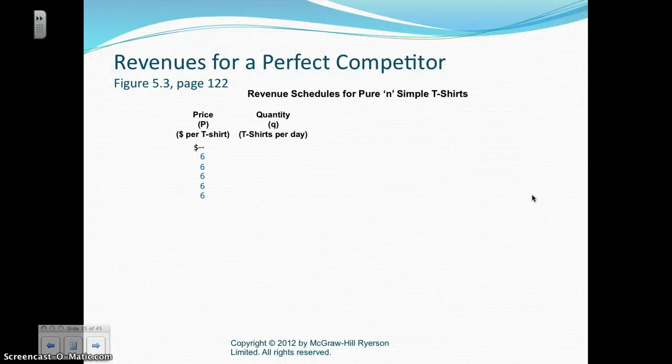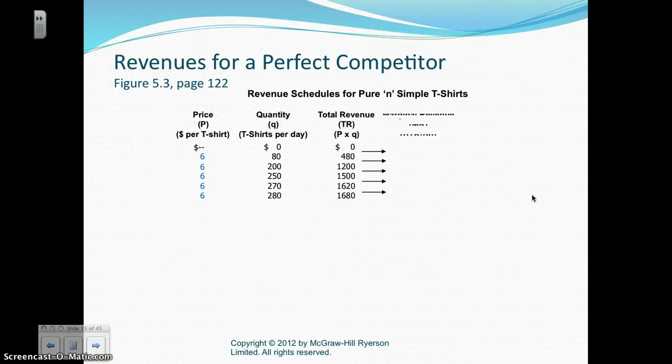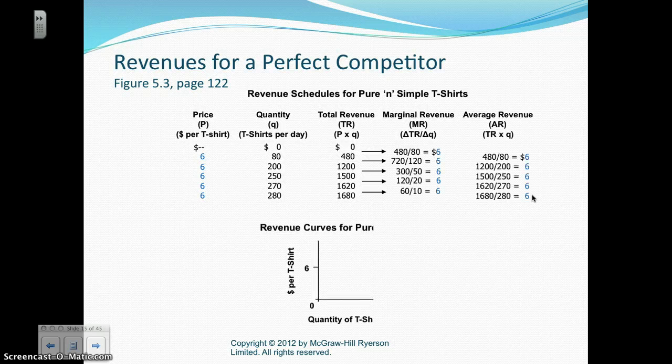Let's see how this looks here. So here we're seeing how the business's demand schedule is shown in columns 1 and 2. So here's the price and quantity.